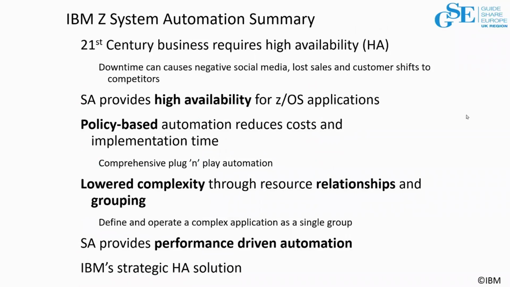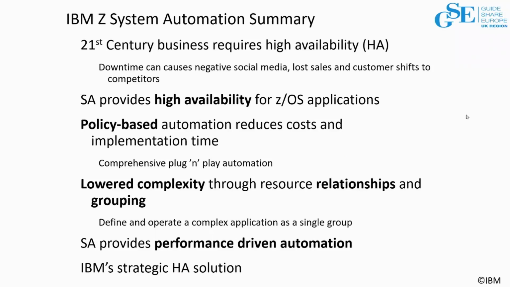Right, so summary. Business these days is crucially dependent on high availability of all your stuff. Downtime generally causes a storm on social media. That will then get picked up by conventional media, so you get bad headlines on the BBC News.